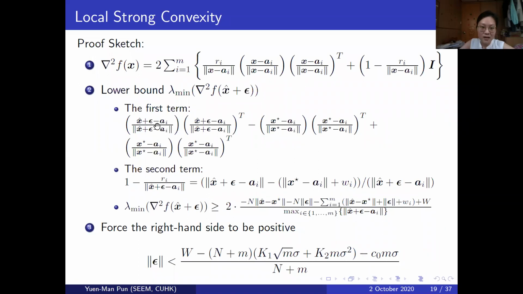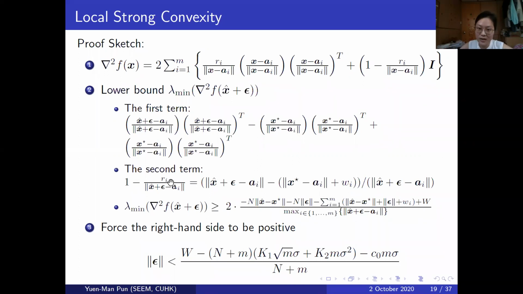This is the difference of the outer products of some unit vectors, UU transpose minus VV transpose, and of course we can use some lemmas to bound this too, and then this will be left as some constants. So the first term we can bound, and for the second term, we can simply pass the denominator, and then we have this kind of form.